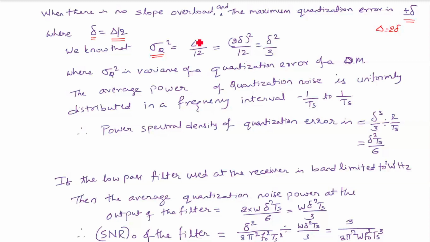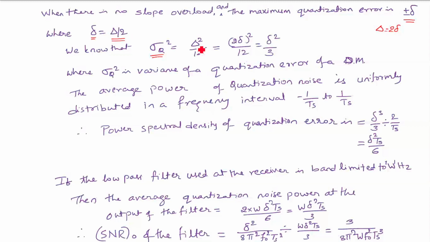Now if we consider a delta modulator, it also has two levels, right? So we can consider it to be a uniform one. So we can say capital delta square by 12 is the variance of the quantization error, and capital delta is nothing but 2 times small delta, or small delta is equal to capital delta by 2.